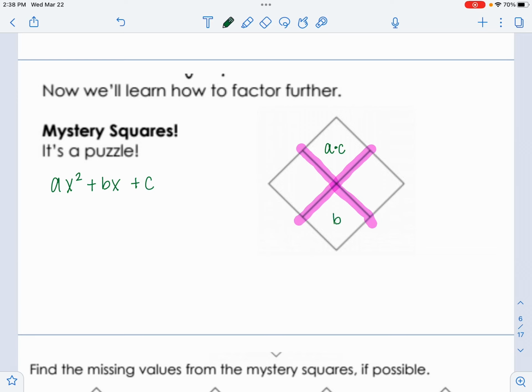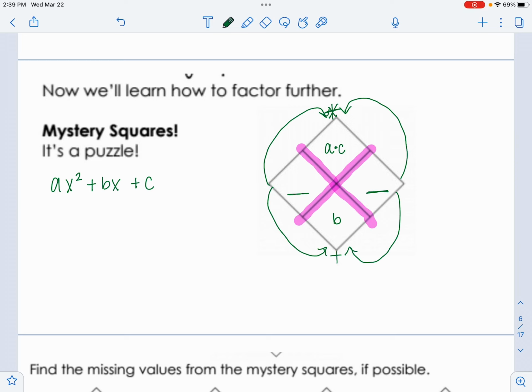The goal is to find numbers, because we will have actual values for a, b, and c, that go on the left or right spots, that multiply to a times c, so that are factors of a times c, and at the same time add to b.